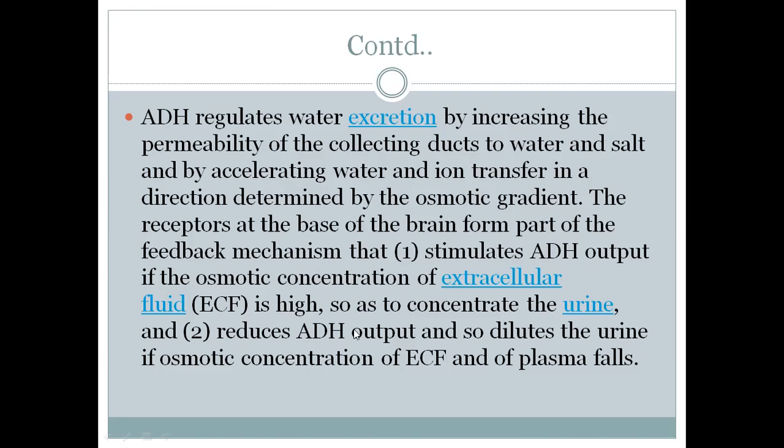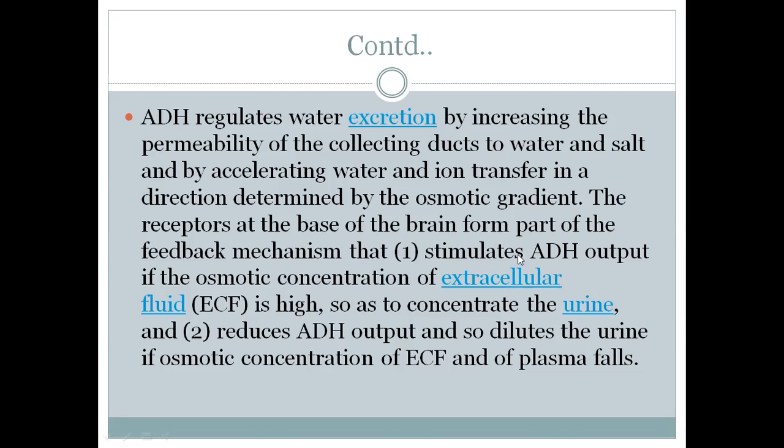And number two, it reduces the antidiuretic output and so dilutes the urine when the osmotic concentration of the extracellular fluid falls. The meaning here is simple: when your body is running low on water, at that time antidiuretic hormone comes into action to control the amount of liquid that your body has to retain. It is there that antidiuretic hormone is going to come into action.